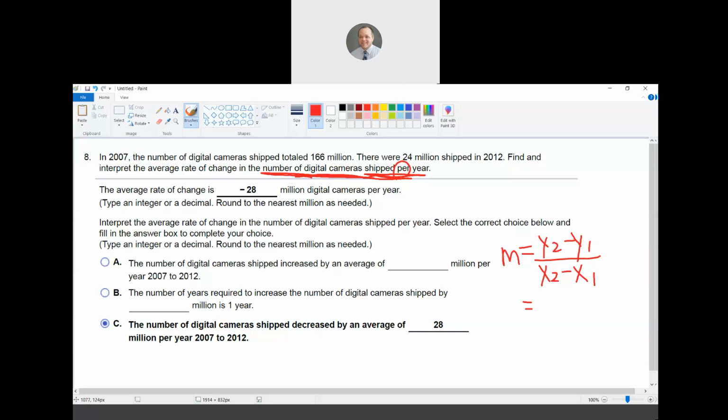So the number of digital cameras is actually your y's, and the years are our x's. So let's plug in 166 minus 24 and 2007. I'm just plugging in the order that I see it, minus 2012.